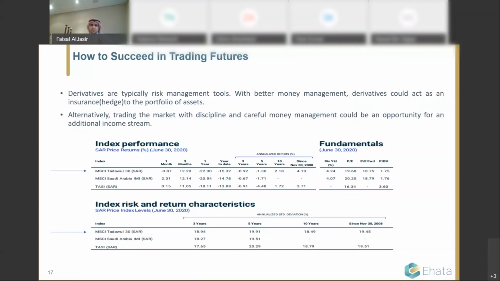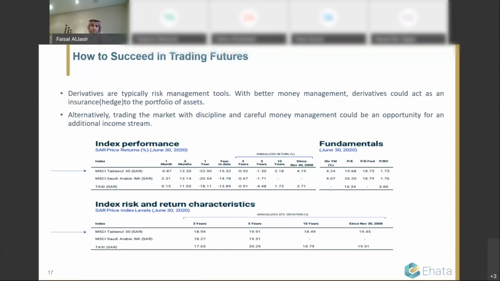So with good management, derivatives could act as an insurance or hedge to a portfolio of assets.